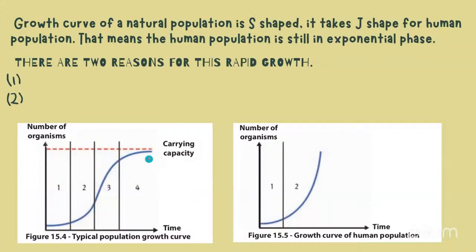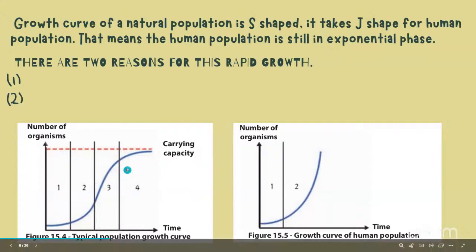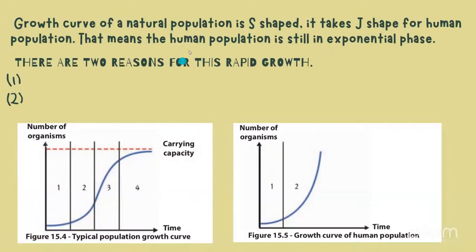It's stable. Now, I want you all to tell me what are the four main things that are going to be controlling this growth curve. This growth curve depends on four things in a population. May I know what are those four things? Yes, people, I can see there are students. Come on.